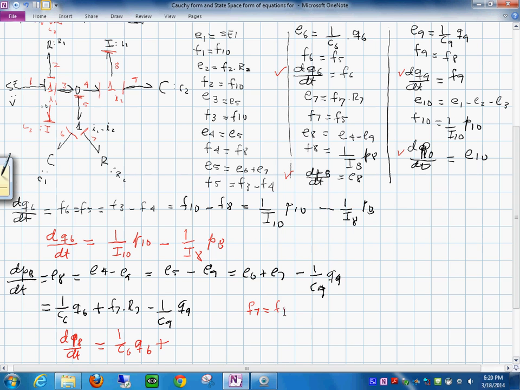F sub 5 is F3 minus F4, and F3 is F10 minus F4, which is F8, and F8 is 1 over I sub 8 times P sub 8.